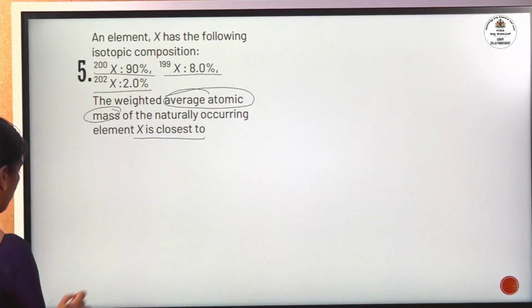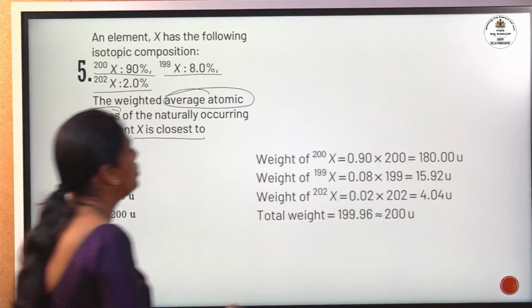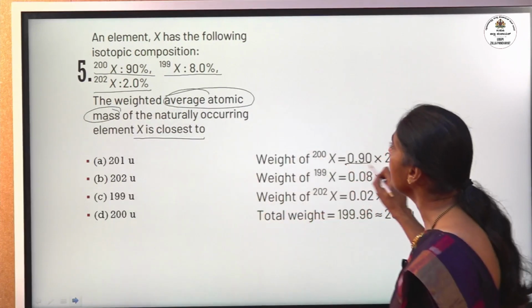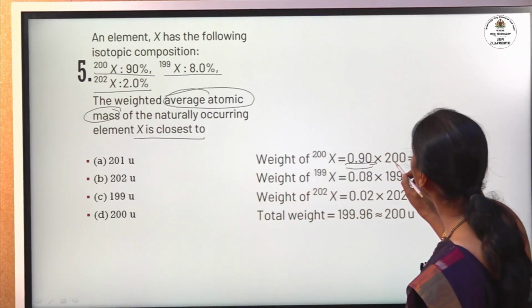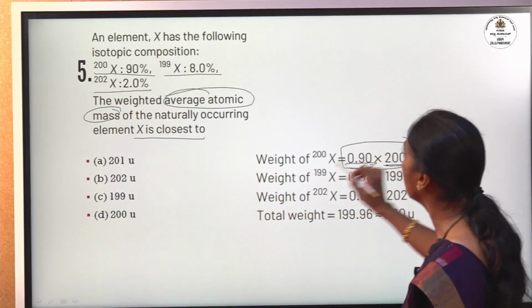Options we will see. Average atomic mass is found out. How to find out? That is percentage composition into mass number.